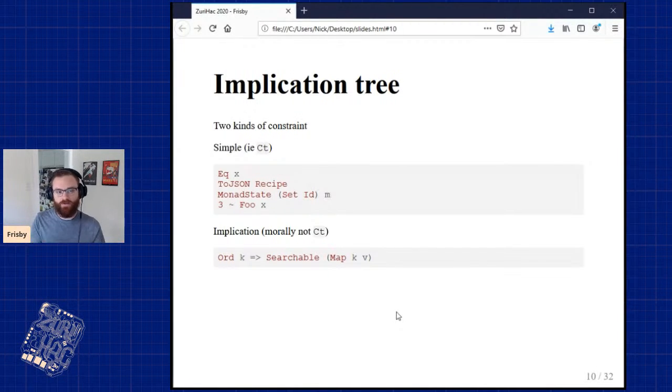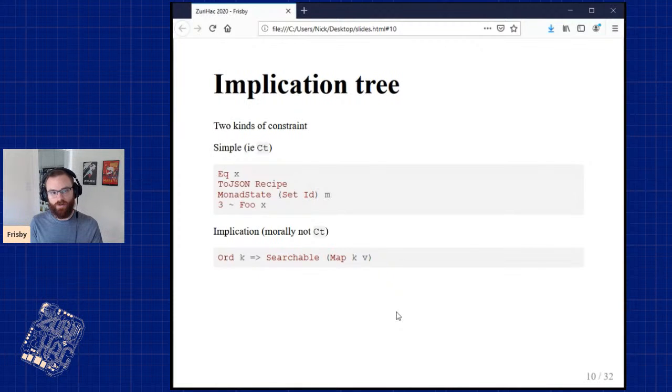If I have OR, then I also have searchable or something like that. Until recently, these were not available in surface Haskell, but they've always been inside of the compiler. They're conceptually fundamental to what it means to type check a Haskell program. And only very recently were they revealed as something that a Haskell user can actually rely on and introduce, which is great. I'm very excited about that. But for now, I'm going to pretend that they're not, because we'll see the constraint solver handles those for you.